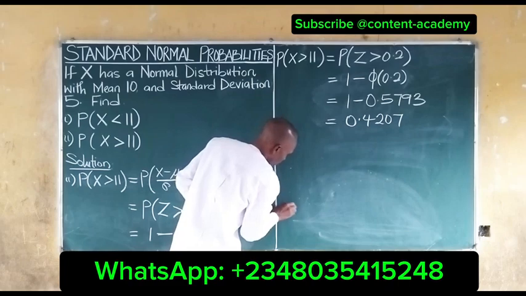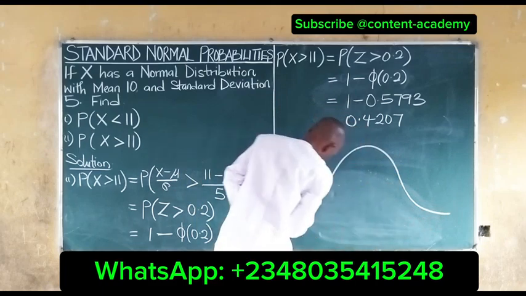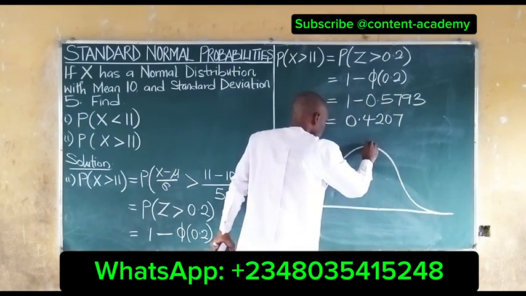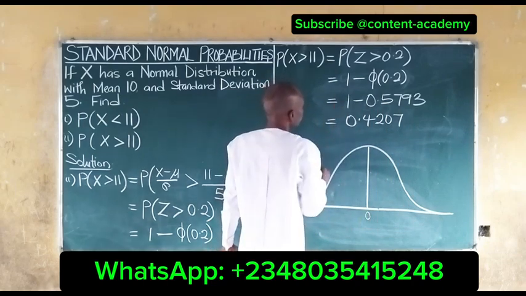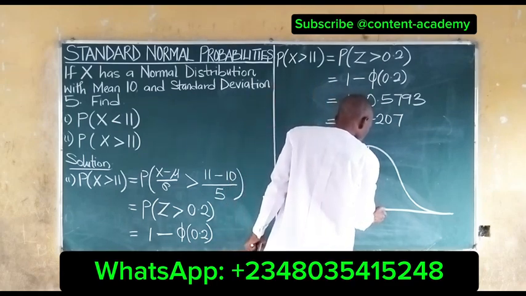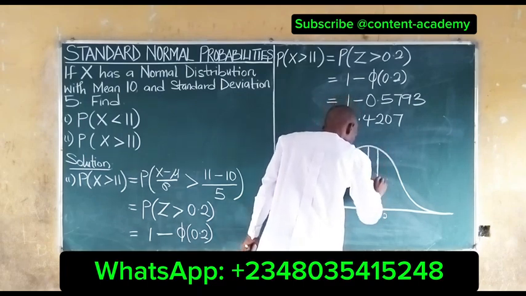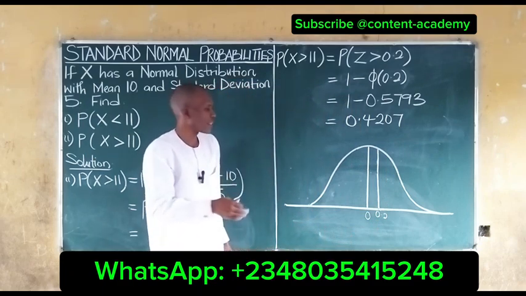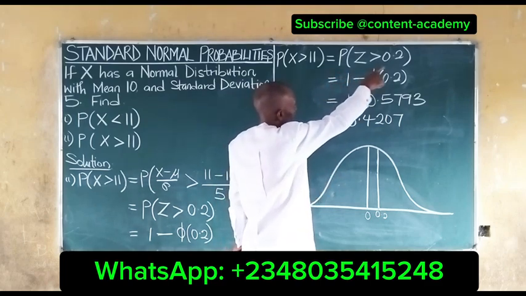Then our curve can be drawn this way. Here is 0. Now we have 0.2, greater than 0.2. How do we draw the standard normal curve for z greater than 0.2?